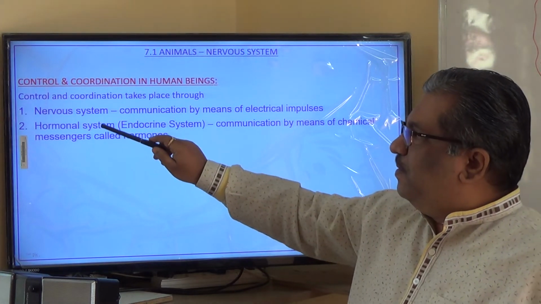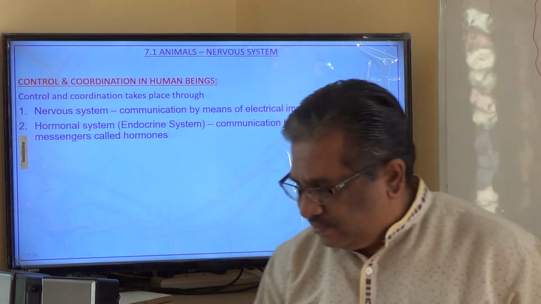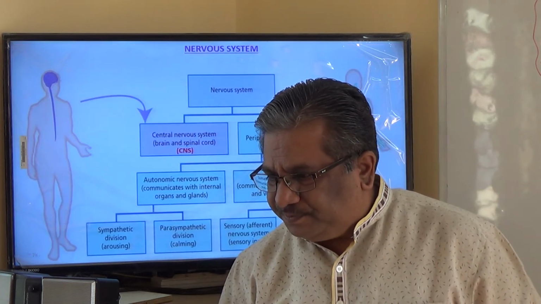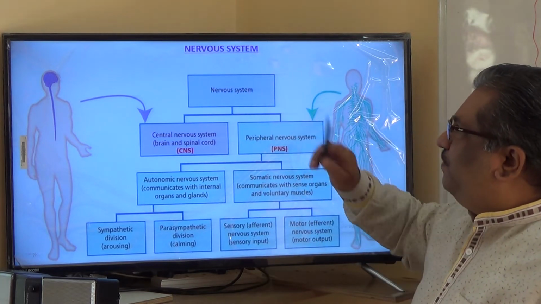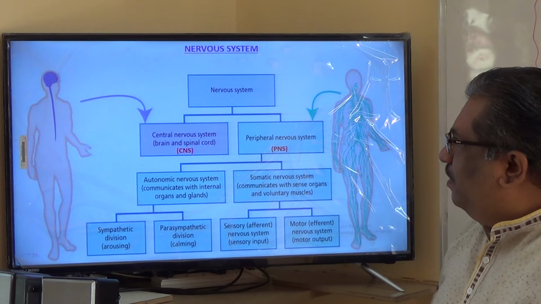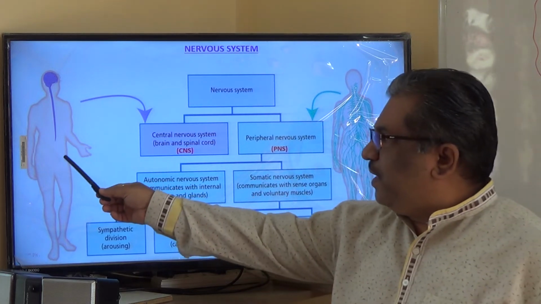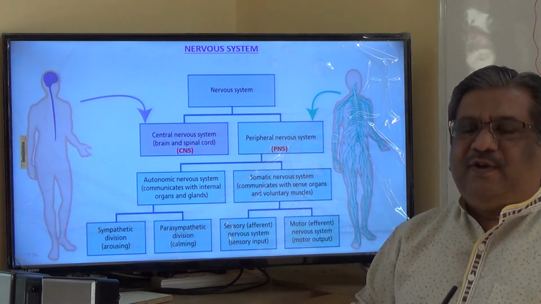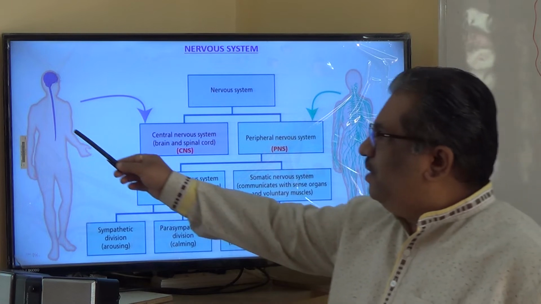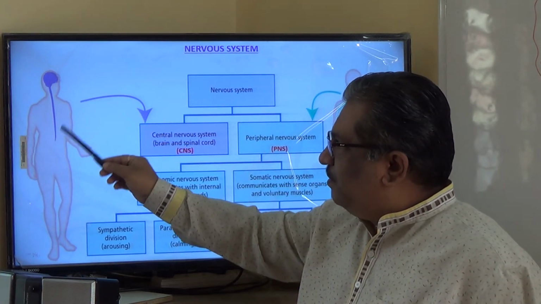In the beginning, we'll study the nervous system. First, let us understand the classification of the nervous system. These two diagrams show the distribution of the nerves in the human body. In this diagram, you can see the brain and the spinal cord.